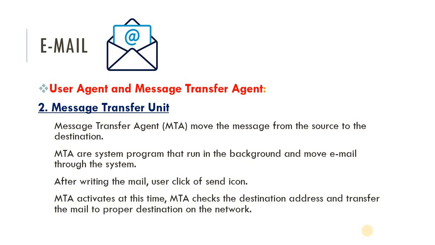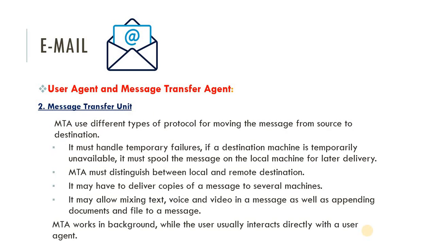If not correct, it shows an error message, that address not found. That activity is done by the MTA. Also, if the address is right, then it transfers that mail over the network to the destination. That is also the work of the message transfer agent.